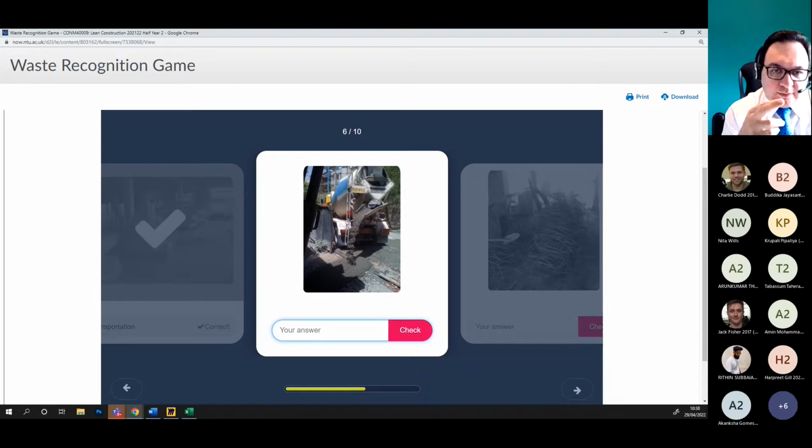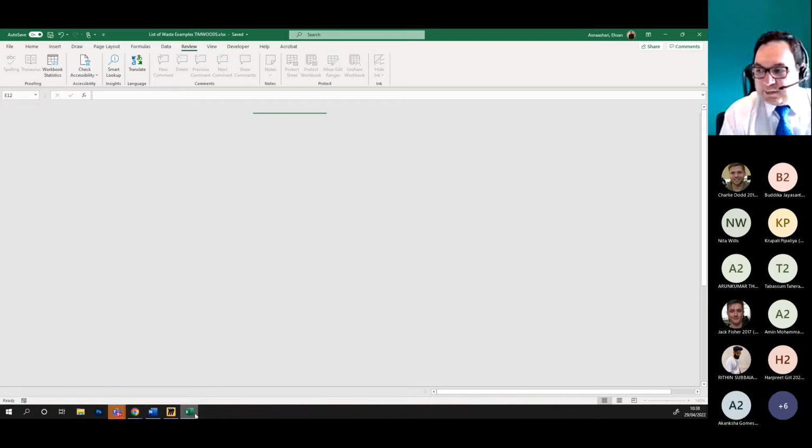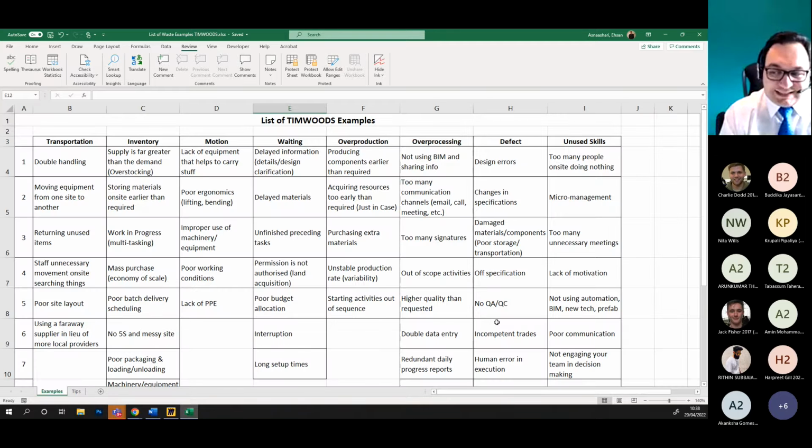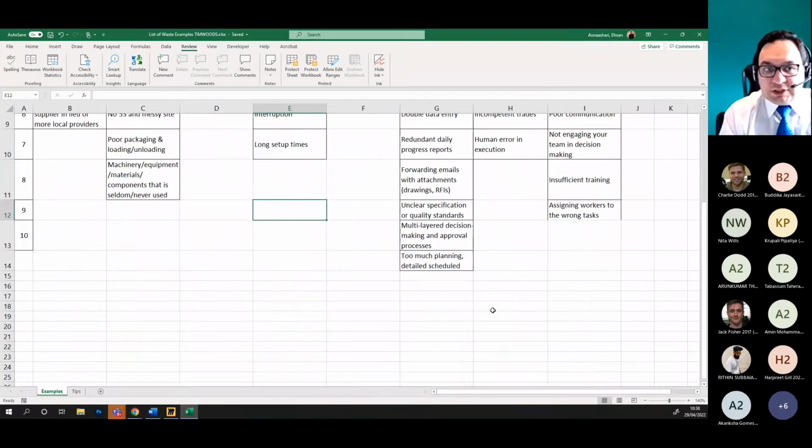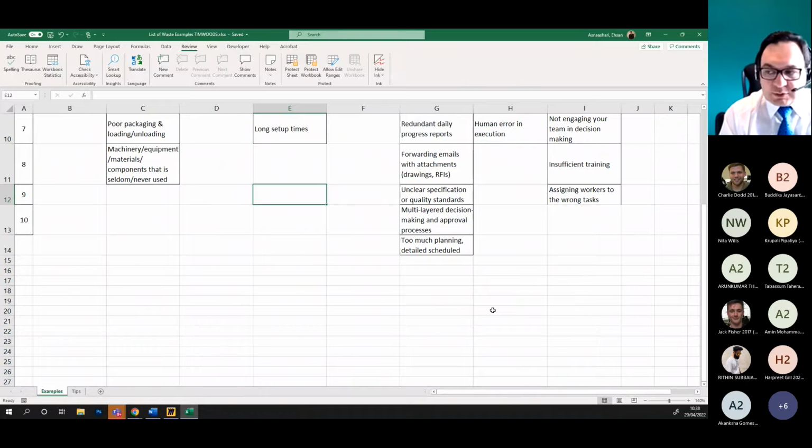Yeah, I think some of you confused overproduction with overprocessing. Overproduction means ordering extra materials. Extra processing is something about, for example, so many signatures, or we don't use BIM, too many meetings, redundant daily progress meetings, these sorts of things.